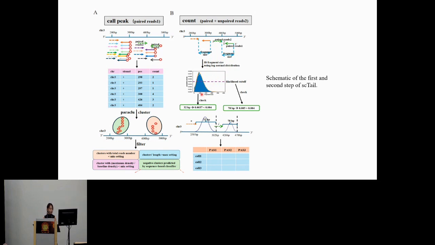For the queries, we compare the likelihood of the queries with the likelihood threshold set by the users, and then decide to keep or filter these queries. Finally, we can get a cell by polyadenylation site matrix.